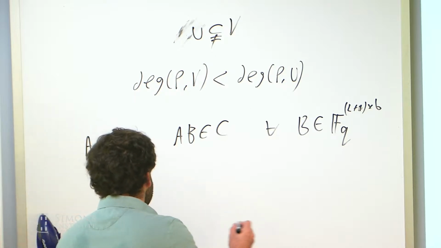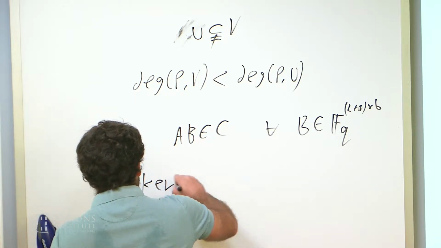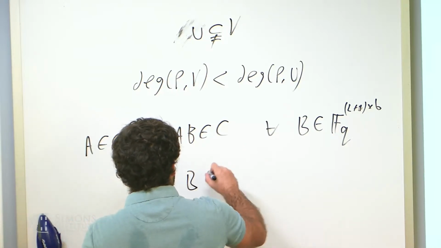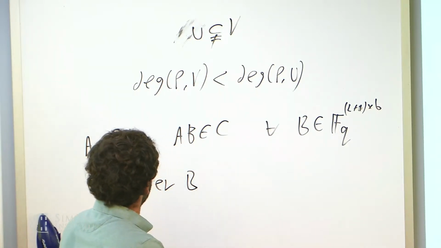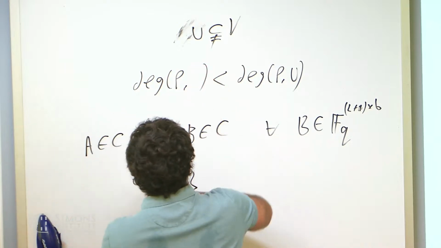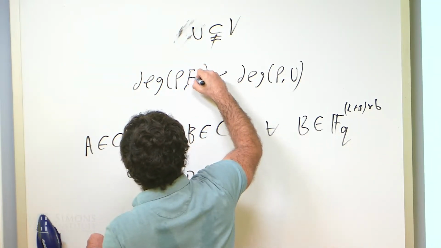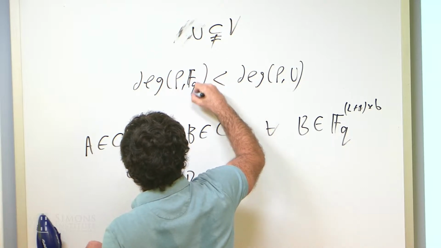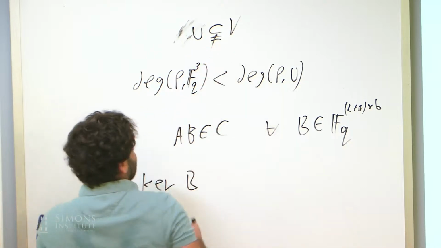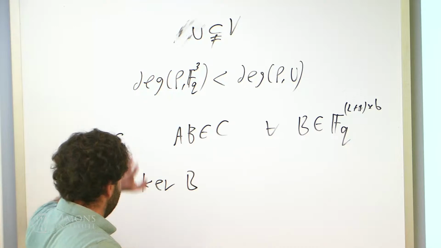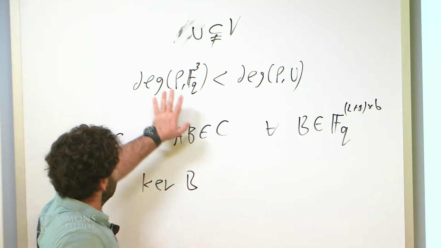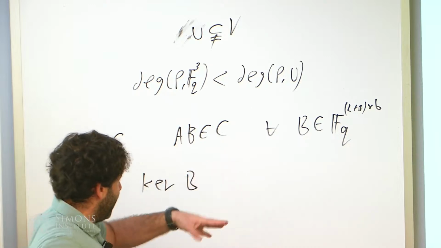We're going to choose B so that the kernel of B, maybe to simplify things, just for the intuition, let's assume that V is the entire space. That would clear up something that may be ambiguous here. But it works the same if V is anything smaller.